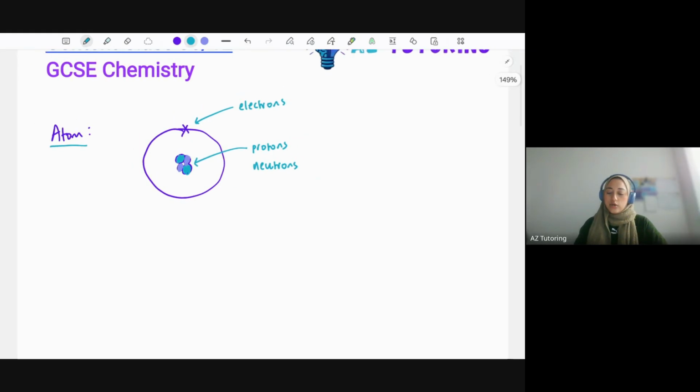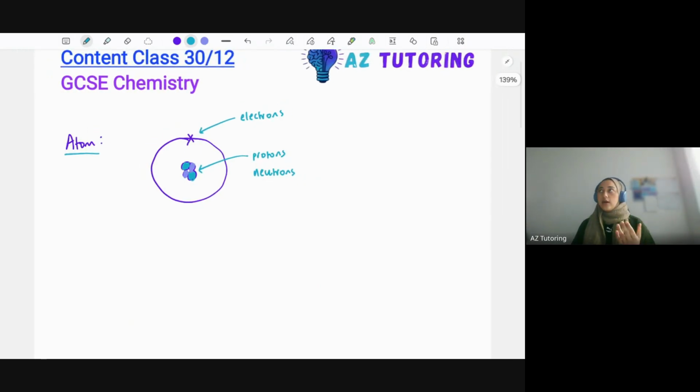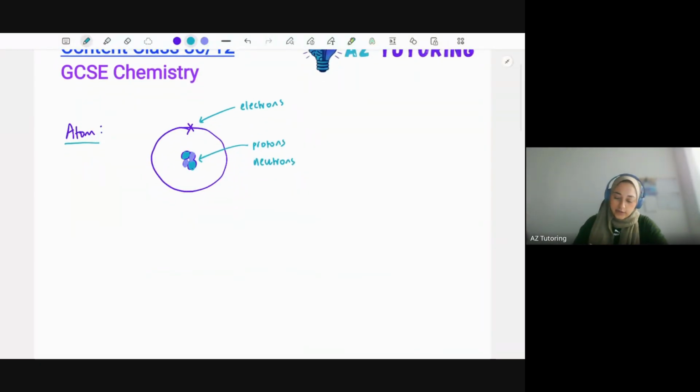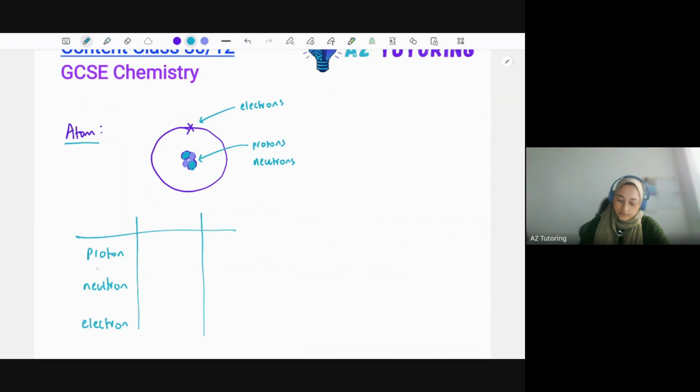This is important when we're looking at the periodic table and figuring out how many protons, neutrons, and electrons certain elements have. So let's make a little table. We've got proton, neutron, and electron. I wouldn't say just memorize these, actually understand why it is like that. Okay, so the relative charge and the relative mass.